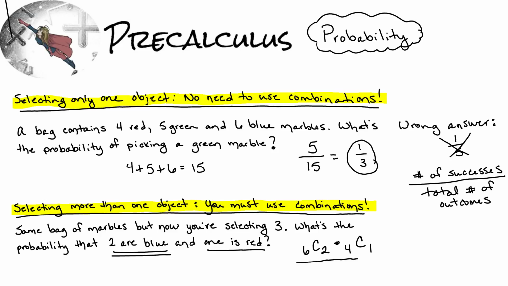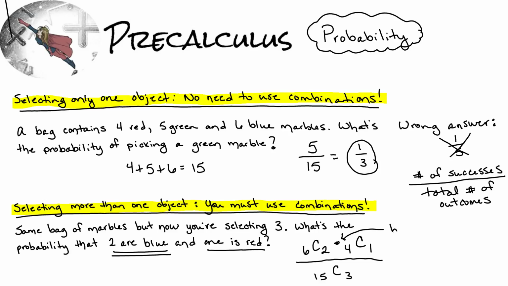And then the denominator is the total of all outcomes that could happen, which we know from before there's 15 marbles in this bag, and we're going to choose any 3. So that's our denominator. The reason we multiply is because we're doing this and this.